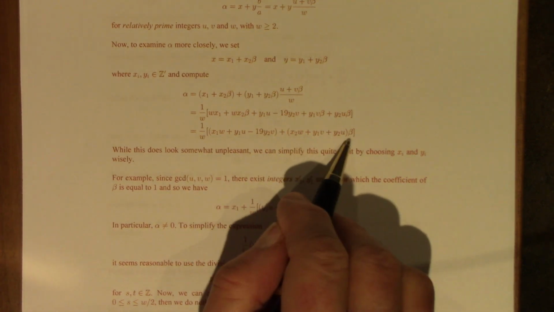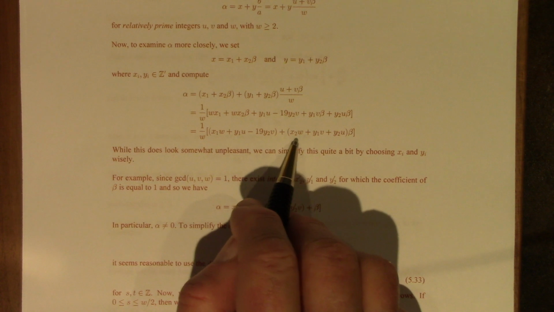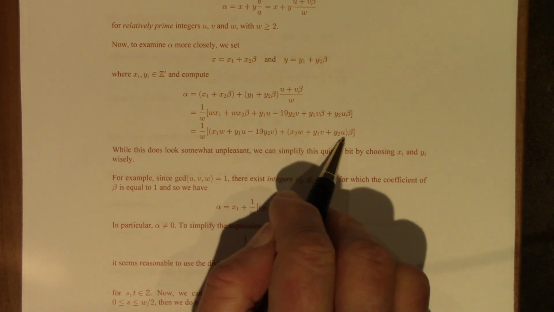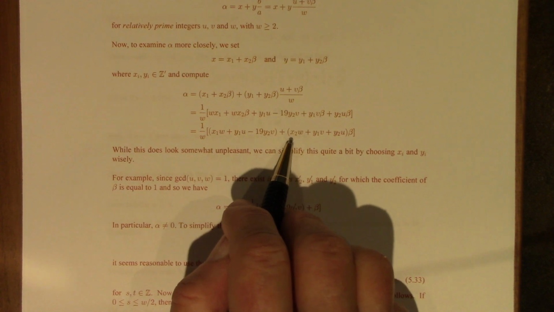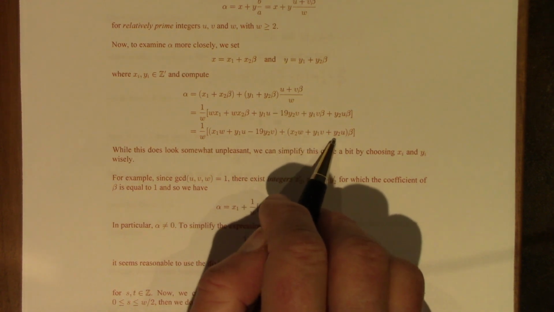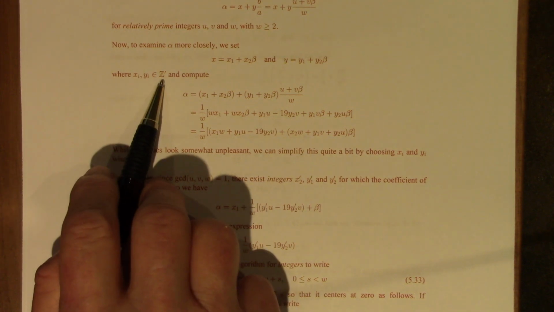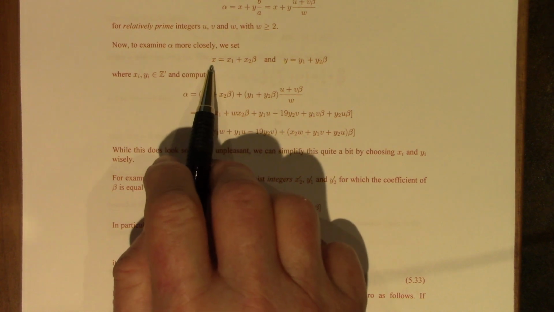Take a look at this coefficient of beta. It is a linear combination of w, v, and u. The coefficients x2, y1, and y2 are members of Z prime. Now remember, we get to choose x and y.